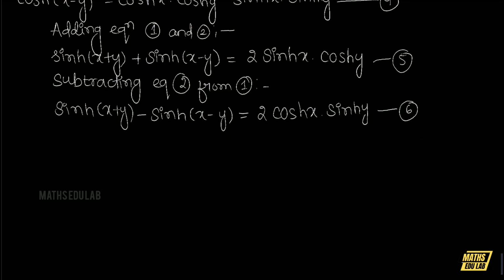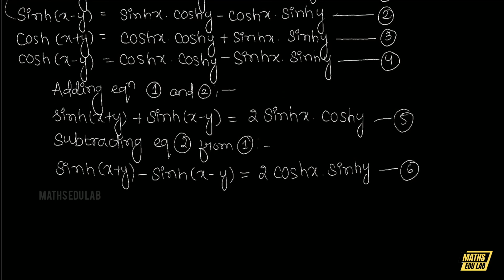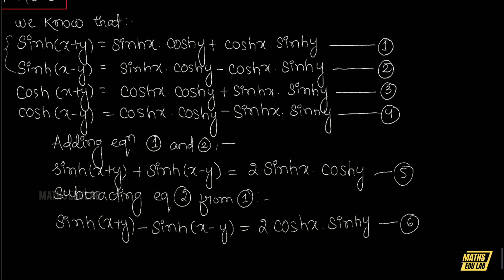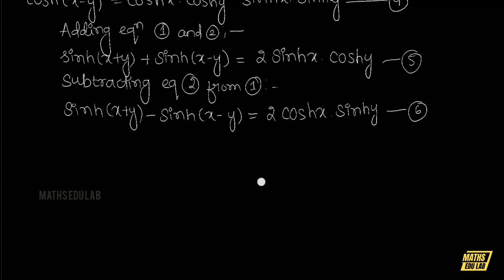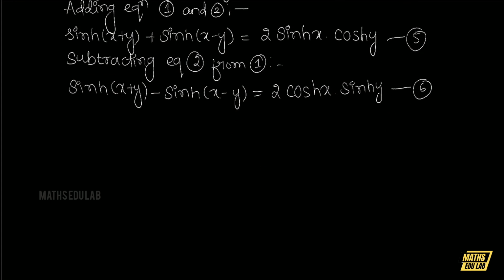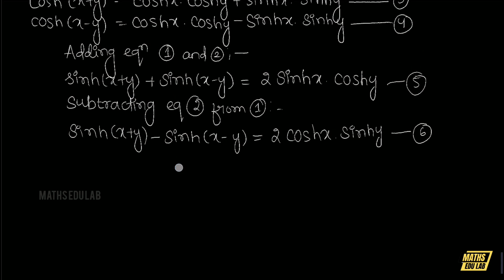Similarly we will do this for the third and fourth equations also, as we have done for the first and second: adding equations 1 and 2 and then subtracting. Similarly we get cosh(x+y) plus cosh(x−y) and cosh(x+y) minus cosh(x−y).